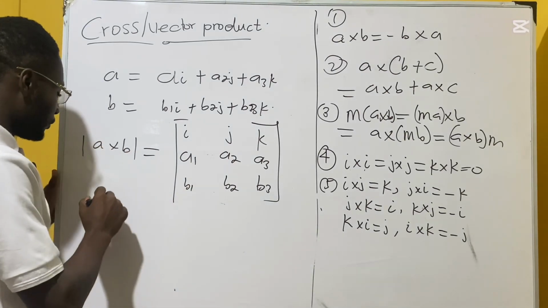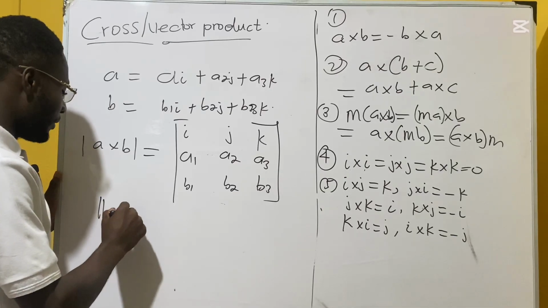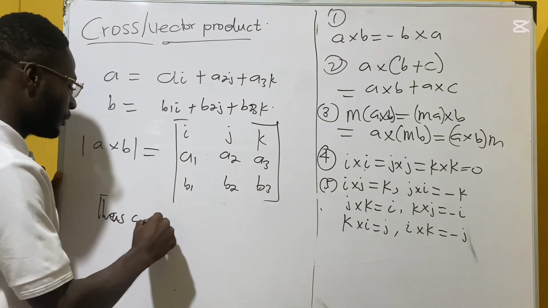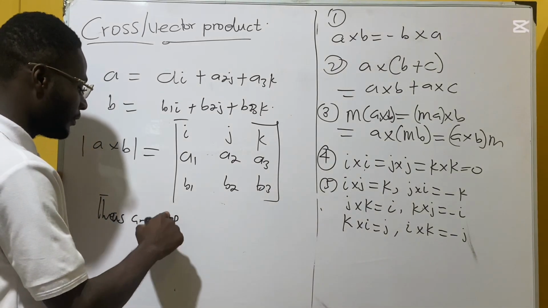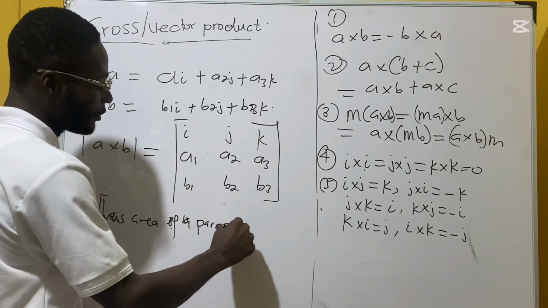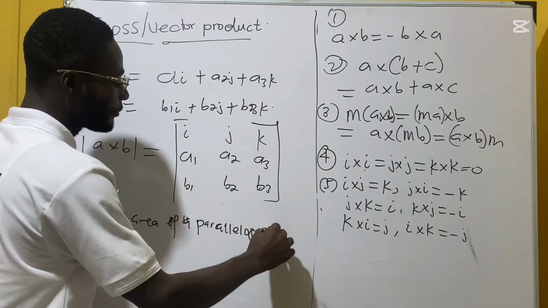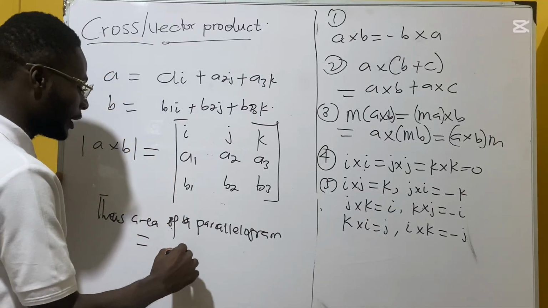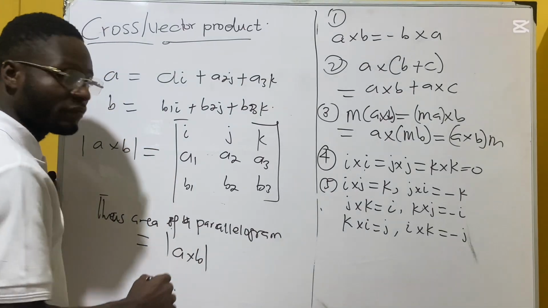Okay, so that's the area of a parallelogram, which is equal to the magnitude of a cross b.